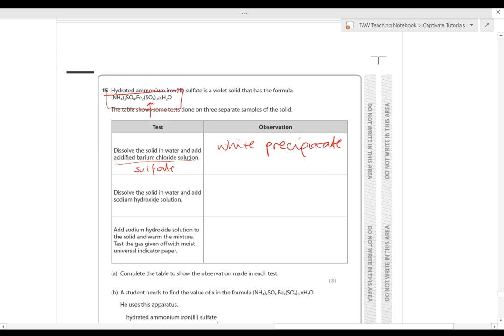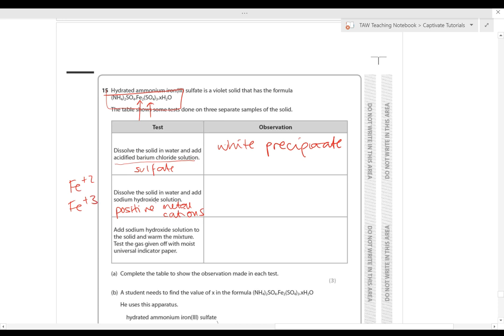Secondly, when we add sodium hydroxide solution, we are testing for different positive metal cations. So the only positive metal cation we've got in here is an iron. Now this could be one of two things. It could be iron 2+ or iron 3+.